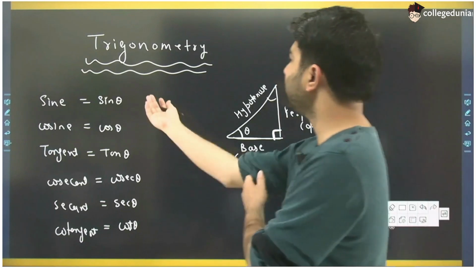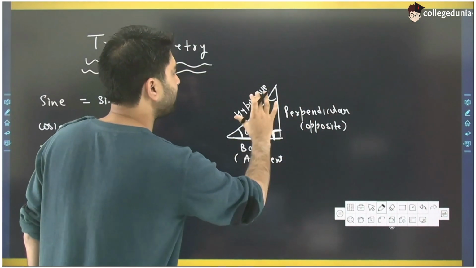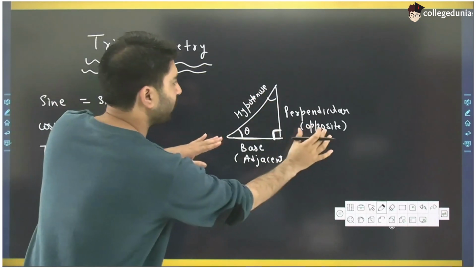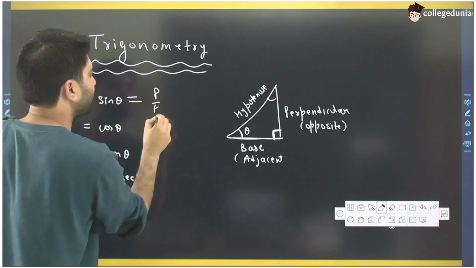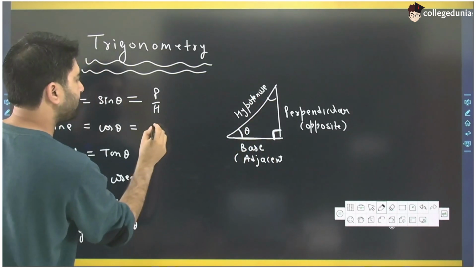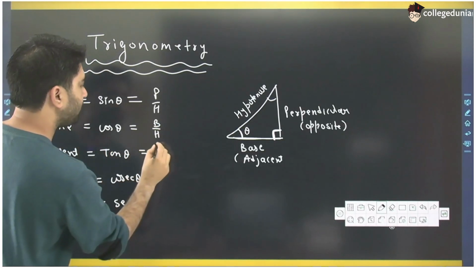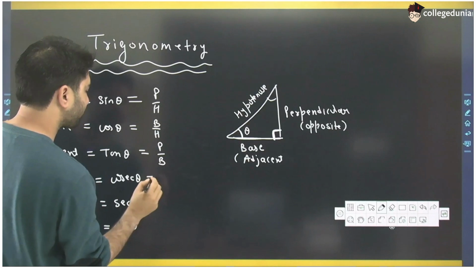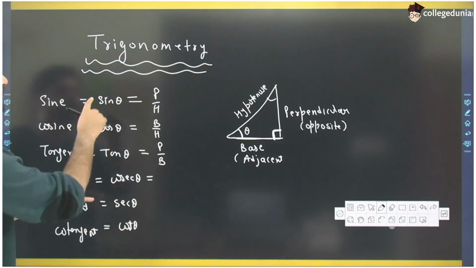Sine was the ratio of the opposite side divided by the hypotenuse, which means P by H. Cos was the ratio of the adjacent side and hypotenuse, which means B by H. Tan theta was P by B. Then cosec, sec and cot were the reciprocals of sine, cos, tan.